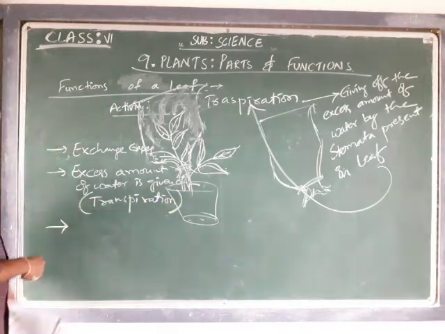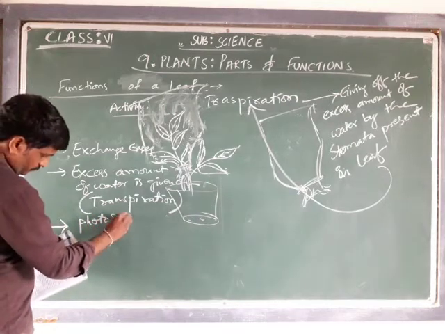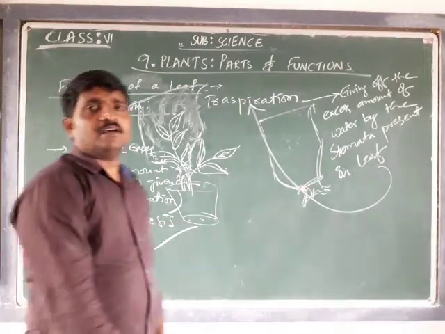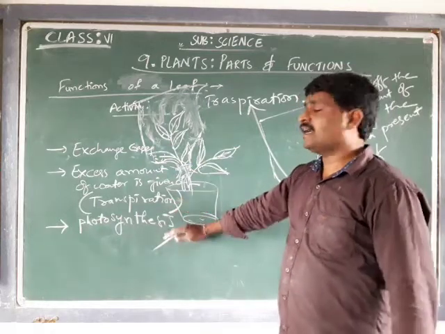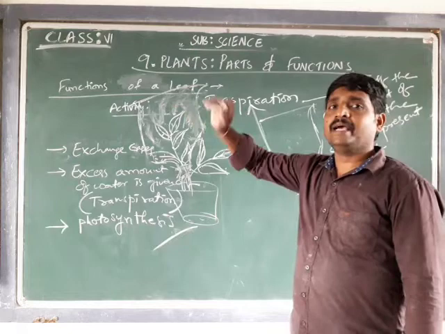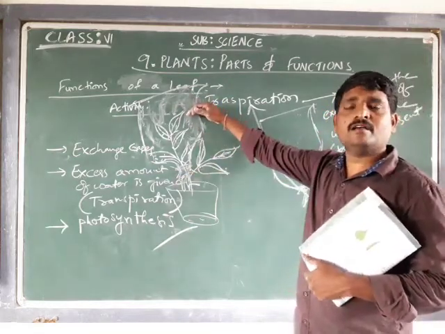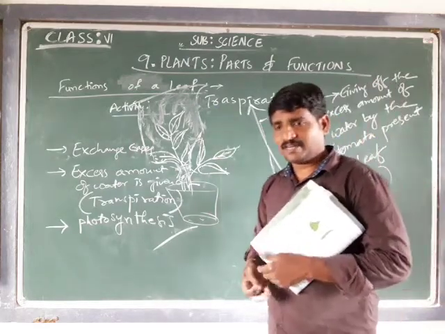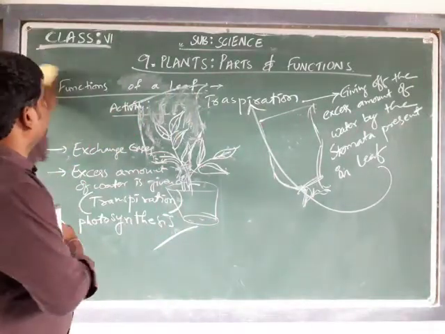The other functionality of the leaf is photosynthesis. These are the three functionalities of the leaf: exchanging the gases, transpiration, and photosynthesis. The first two are done with the help of stomata, which is acting like our nose in the leaf. Okay, these are the functionalities of the leaf.